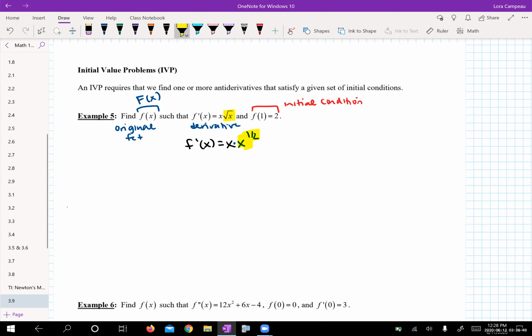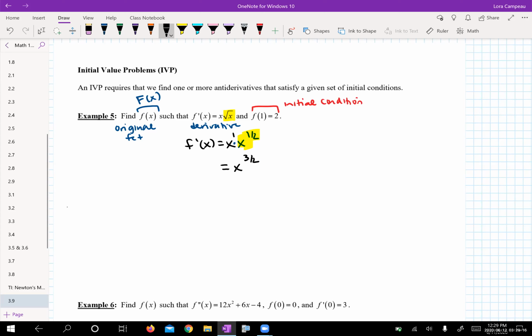This gives me a route to take. Once I rewrite with rational exponents, I have an idea that I'm actually multiplying with the same base. And when I multiply with the same base, I don't have to write it as two separate products of x. It's actually x to the 1 plus 1/2, which is 3/2.